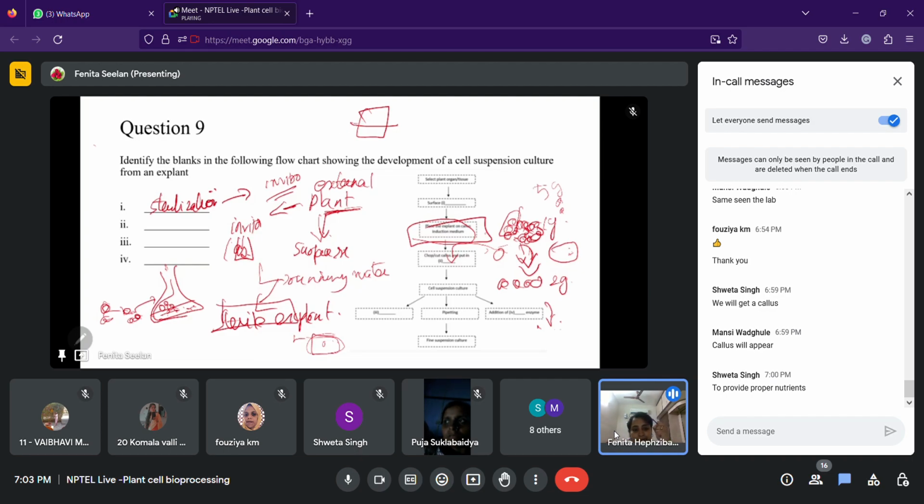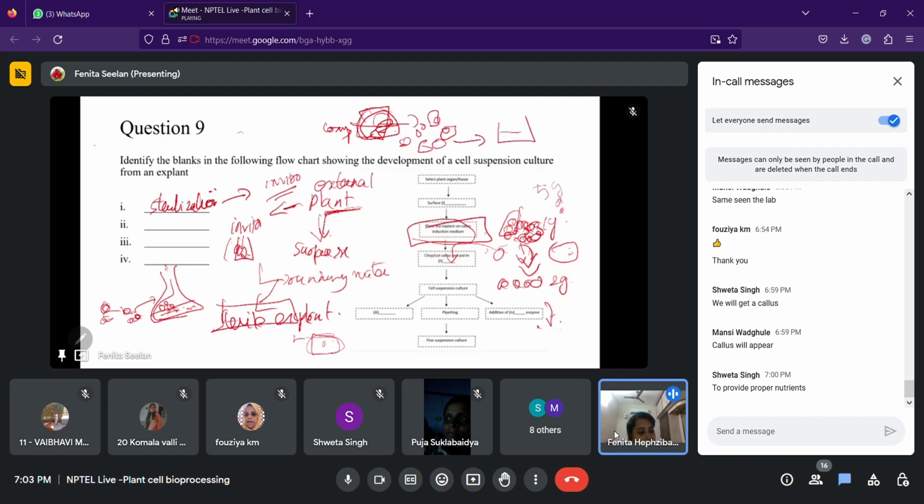They will be stiff, so you have to use forceps and scalpel to cut them into bits and pieces. This hard portion, maybe circular or whatever shape, will be very hard, compact. There is no particular shape or size you want to cut, okay? So this will go into the media.